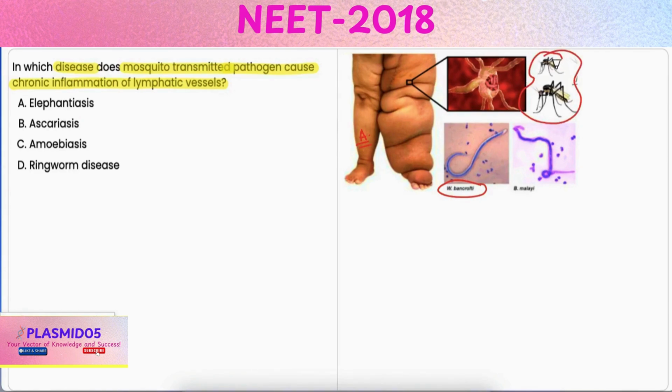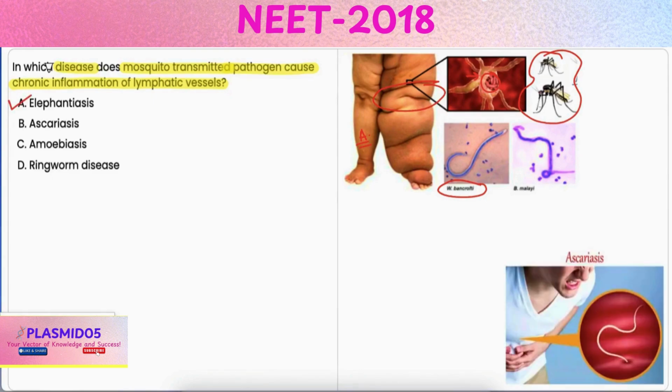And these worms infect the lymphatic vessels, causing chronic inflammation, blockage, and eventually swelling up of limbs and other body parts due to the buildup of lymph. Hence, this is the correct option.